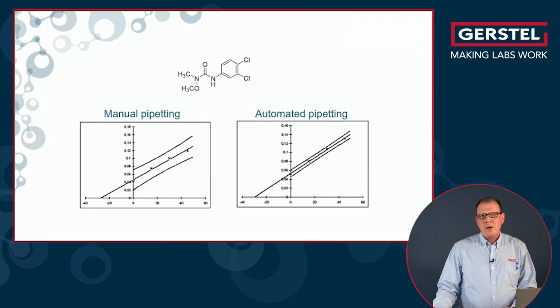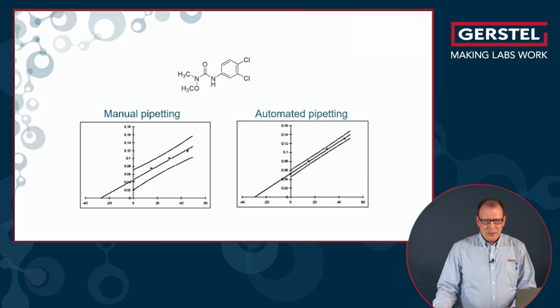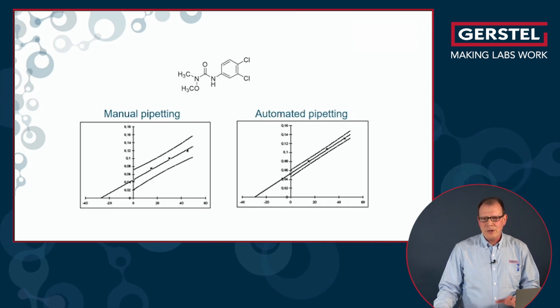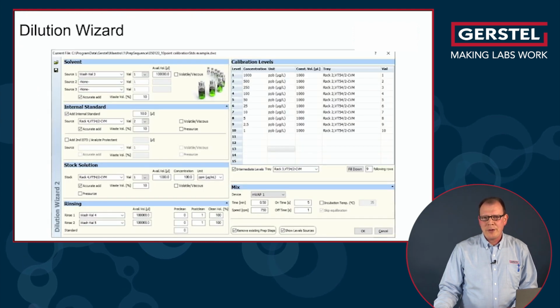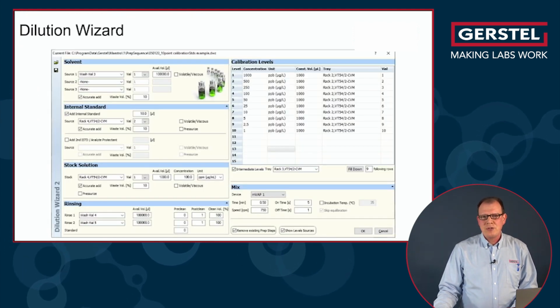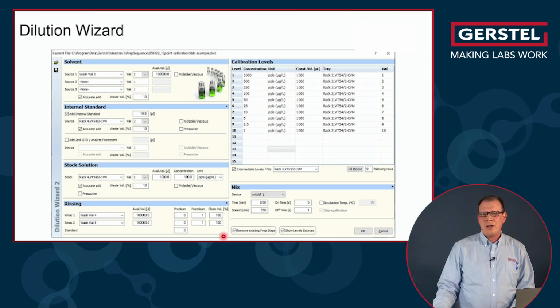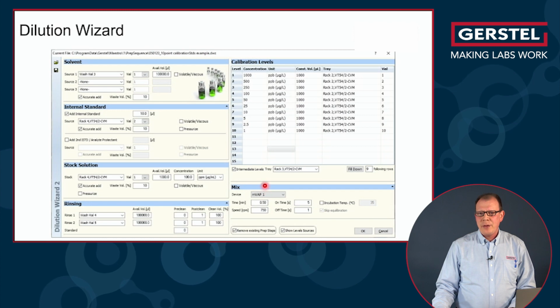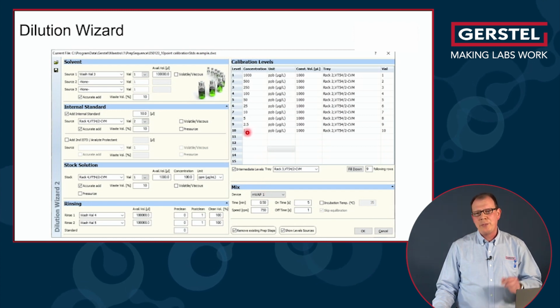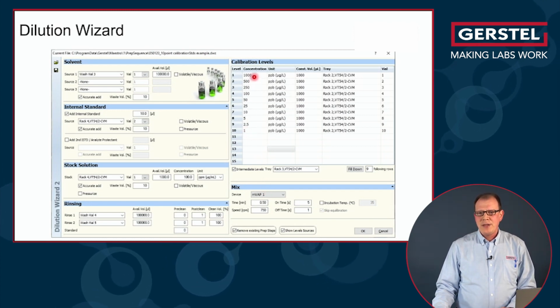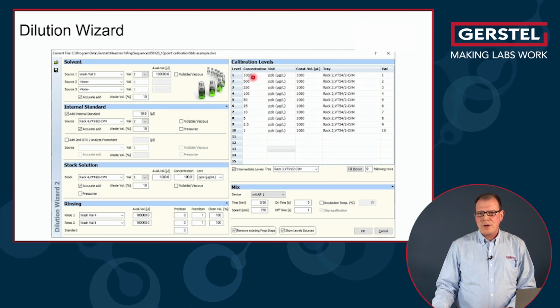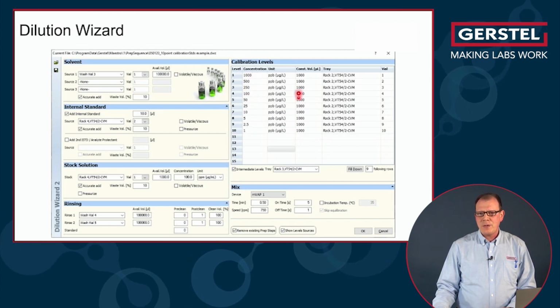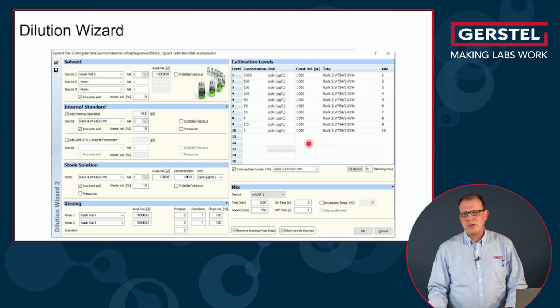Normally you know about your standards and your calibration which you want to do, but in cases where you do not know this, where you do not have an SOP for preparing your standards, you could use this little software tool, the so-called Dilution Wizard. You just hand over to the Maestro and the MPS the task of calculating and pipetting your standards, and you just put in here the concentrations and also the volumes you would like to have.